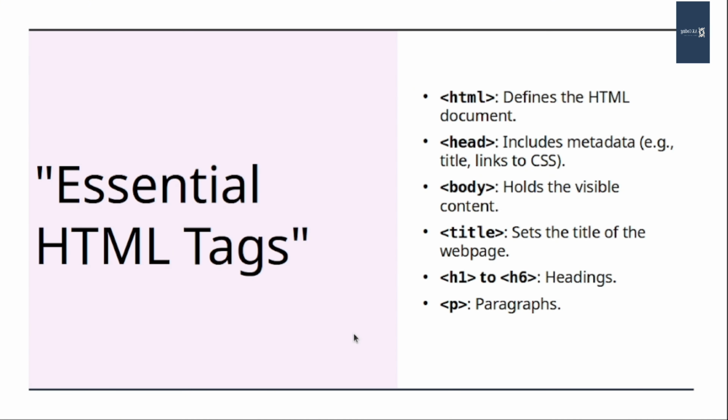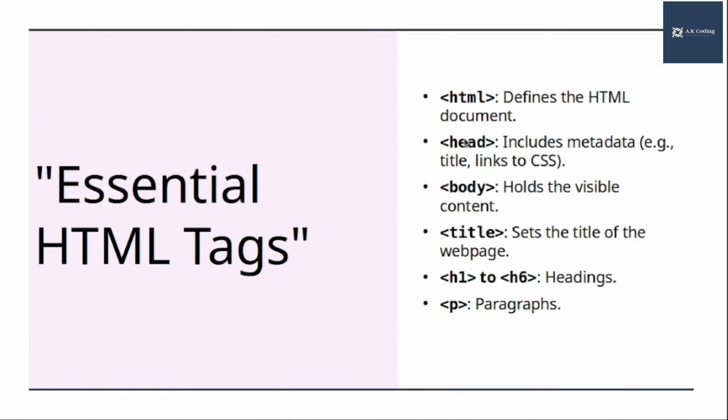So we have essential HTML tags, and in this video we'll learn about them. The first, as I said before, is the HTML tag, which defines the HTML document. It's essential, it has to be in our code. Without this, the file doesn't know that it is an HTML file.